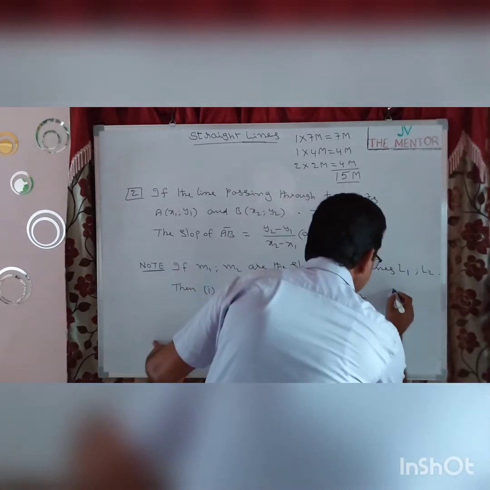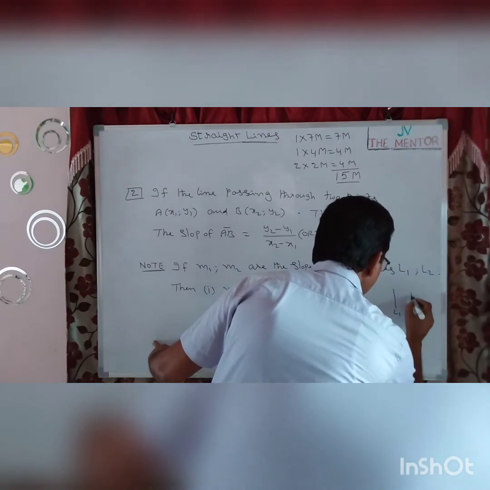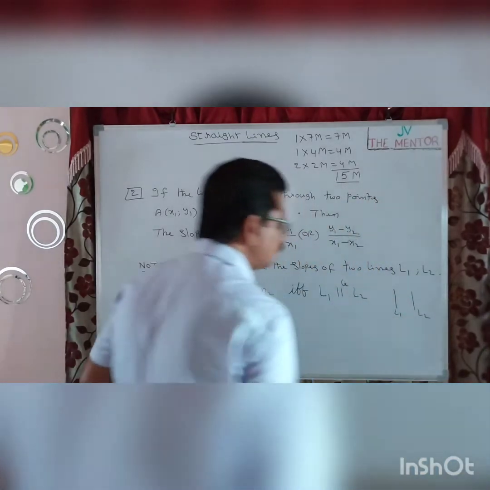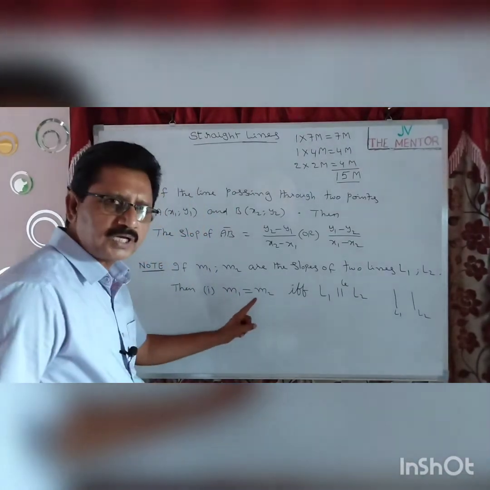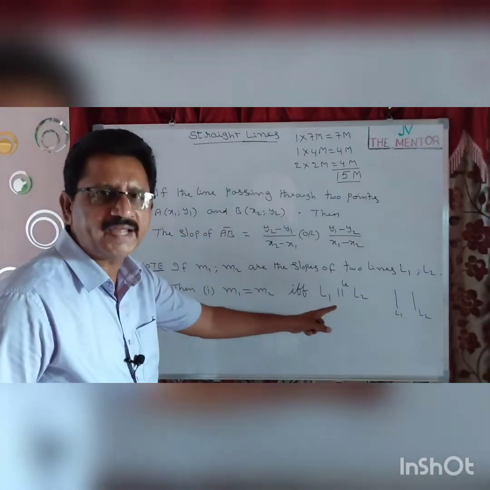That means this is L1 and this is L2. These two lines are parallel lines. If slopes are equal, then the two lines are parallel.